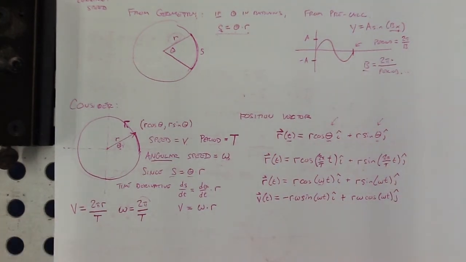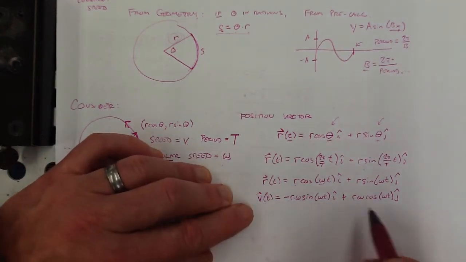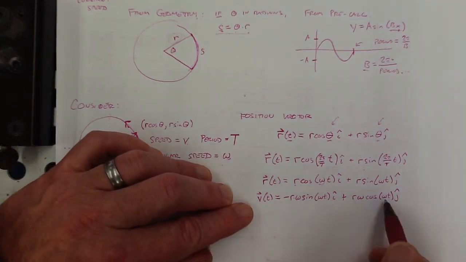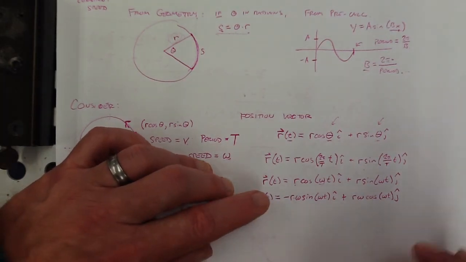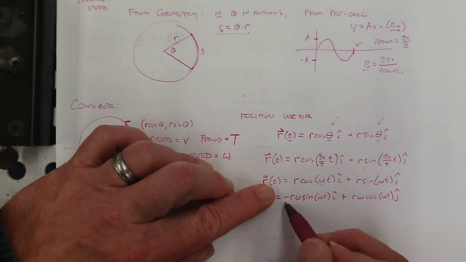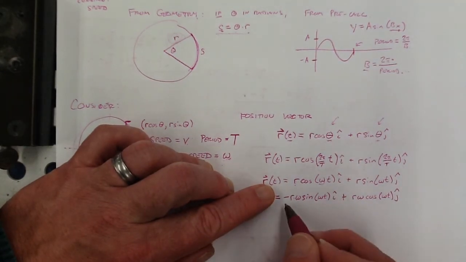Good. And now there's an interesting observation here. Well, maybe it's not that interesting, but if you Pythagorize these components to see how big this vector is, what is the magnitude of it, you would square both things.